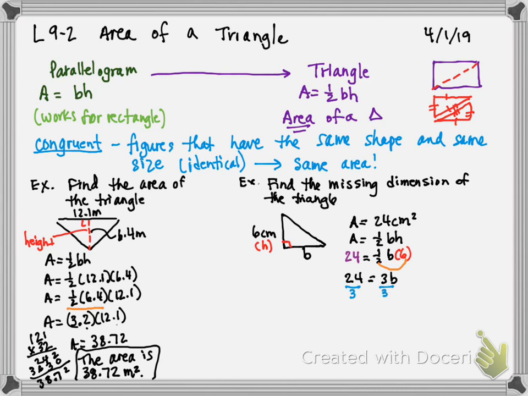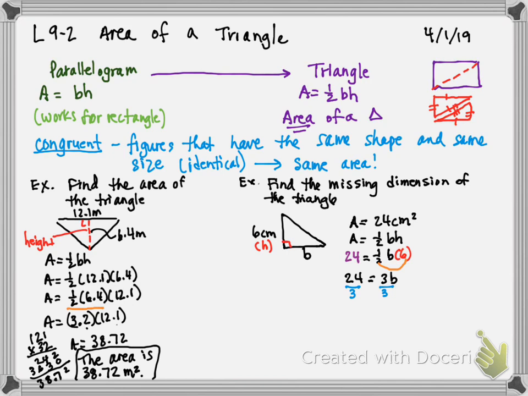Now I did see a couple people on the last couple tests when they were trying to get a variable alone, they divided by the variable. The variable you don't do anything with. You do the inverse operation of the number that is having math done to the variable. Okay. So I'm going to do the symmetric property.